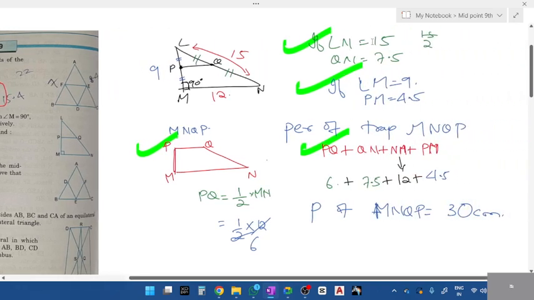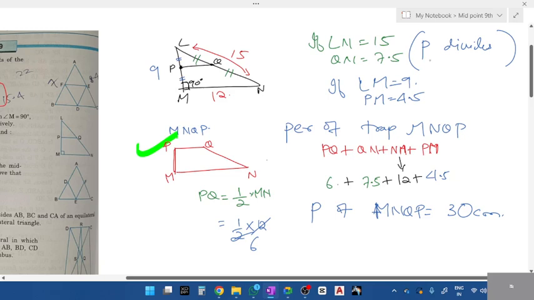Can you see I've written, if LN is 15, QN is equal to 7.5. And what reason will you all write, students? Why is QN 7.5? Because midpoint Q divides which line? Q divides LN into 2 halves, right?